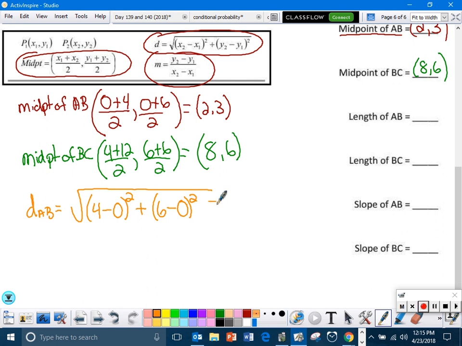So that turns out to be the square root of 16 plus 36, which is the square root of 52. And if you take the square root of that, that's approximately 7.2.